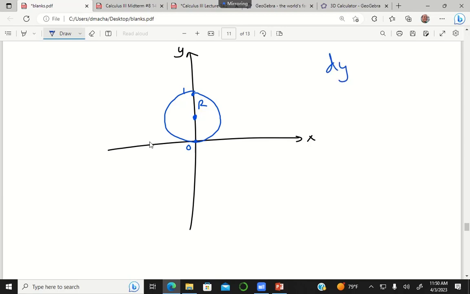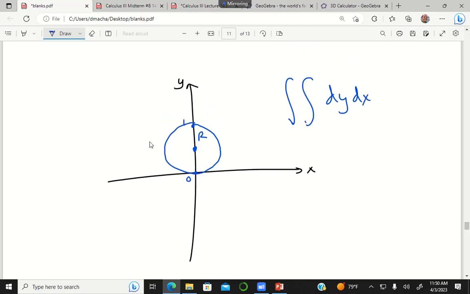Now if we wanted to do a double integral dy dx, then my outside integral should have constants as the lower bound and upper bound. So I'm going to say my x variable is allowed to be anywhere between negative half and positive half. Then my y variable on the inside would be allowed to be anywhere between the bottom semicircle and the top semicircle.